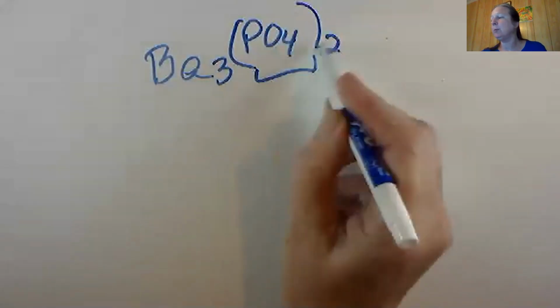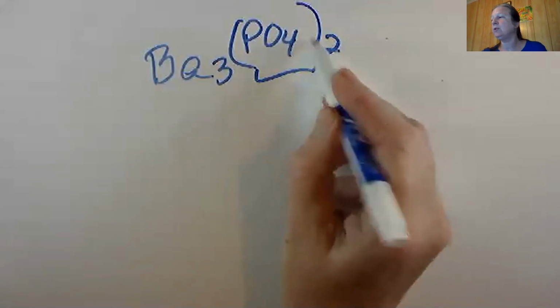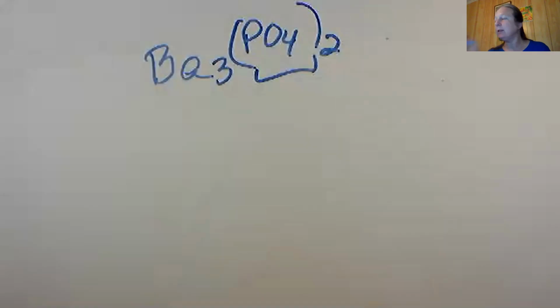So your subscript around a polyatomic, you have to put parentheses because you're saying it's 2 of everything inside there. And by looking at this, what can you say about the charges on these? Remember, ionic compounds are matched, paired by the charge.